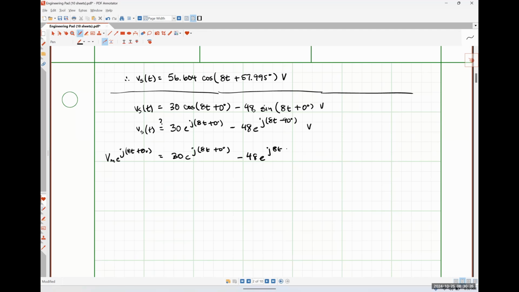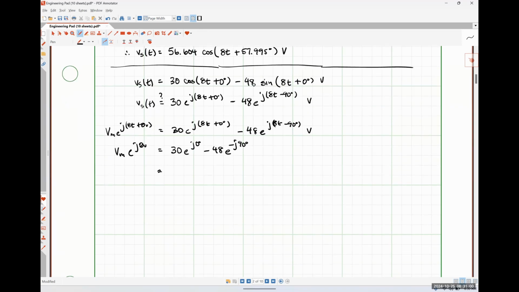And because of the way that exponential functions work, I actually have a common factor of e to the j 8t on both sides that I can just throw away, okay? So we would have Vm e to the j theta v is equal to 30 e to the j 0 degrees minus 48 e to the negative j 90 degrees.